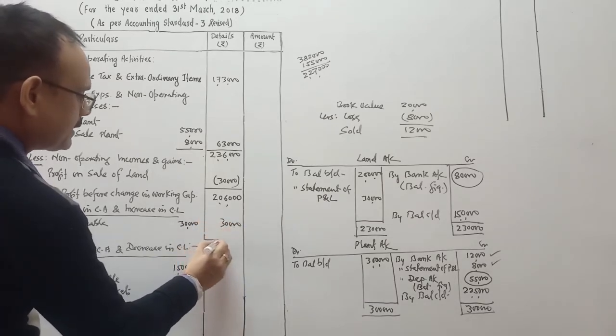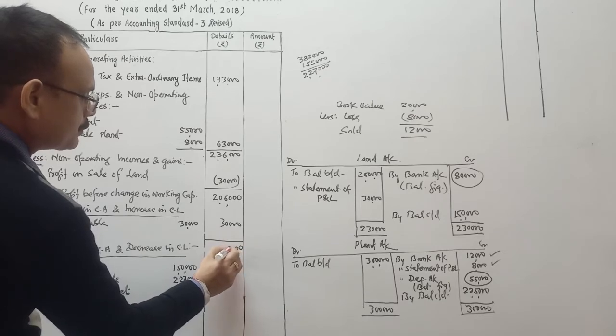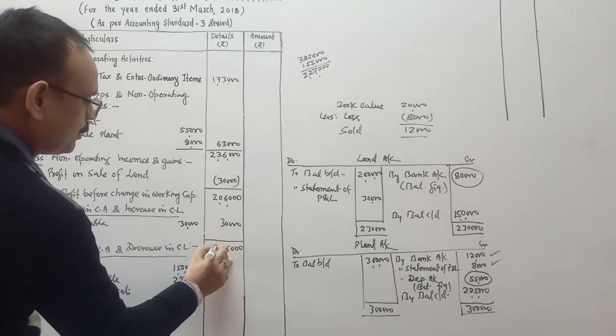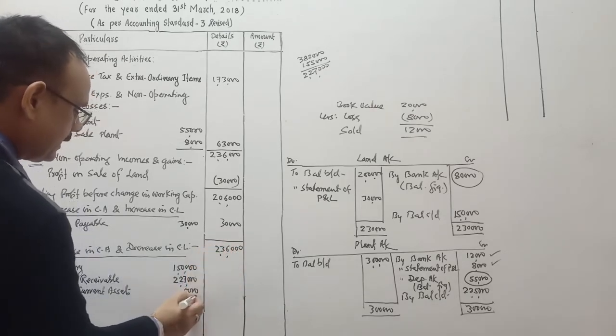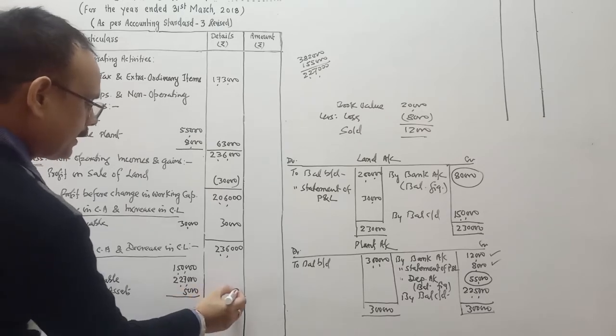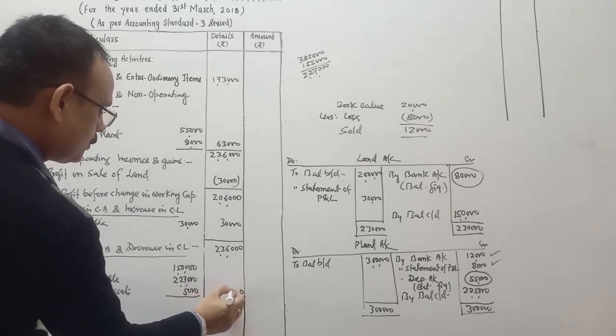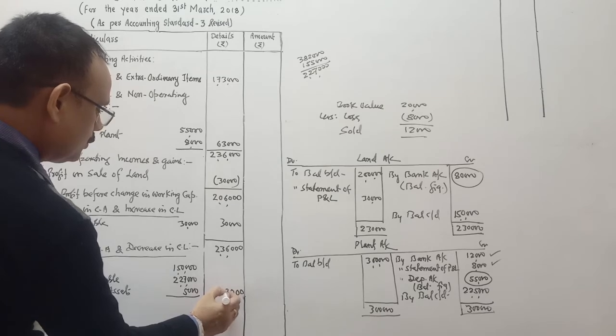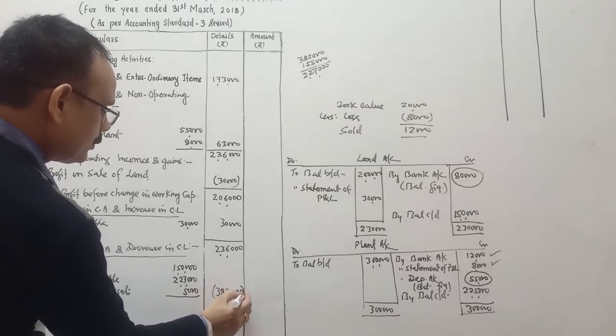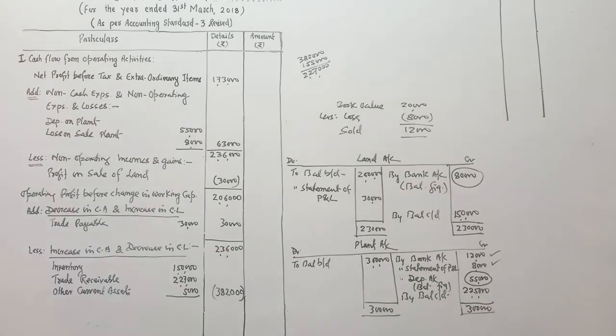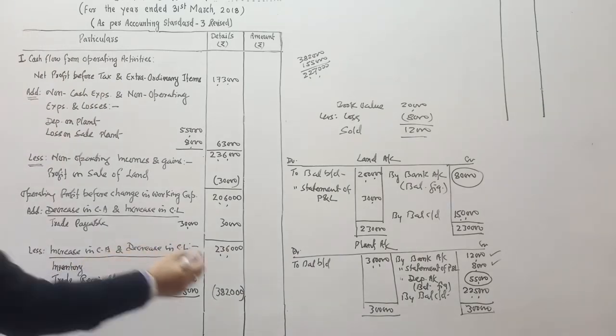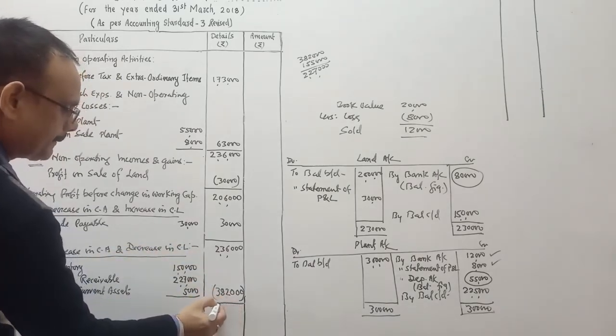So after adding the 30,000, it is 2,36,000, and thereafter we will deduct this figure. 3,82,000 will be deducted by us. 3,82,000 we will deduct from the previous figure.